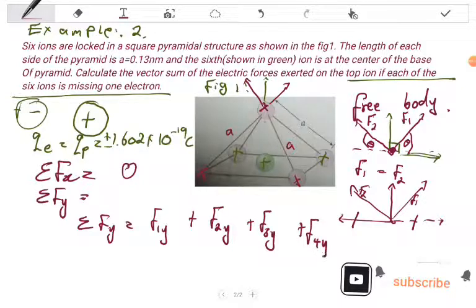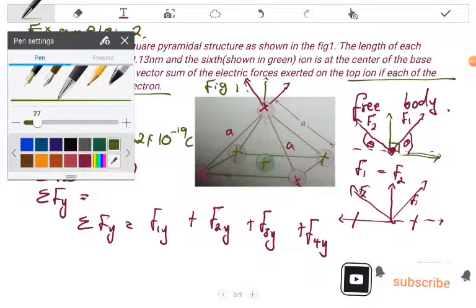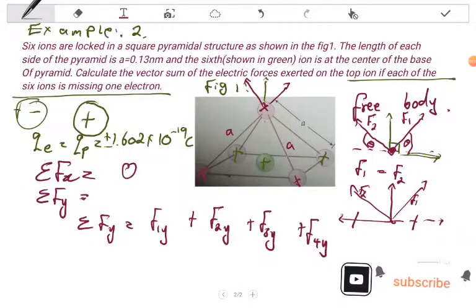And we know that F5, the green one, by itself doesn't have any horizontal component, right? We can see that this is directly in line with the charge, so it doesn't exert any horizontal component force. So we can just write F5. We don't have to specify F5y, just F5, right?